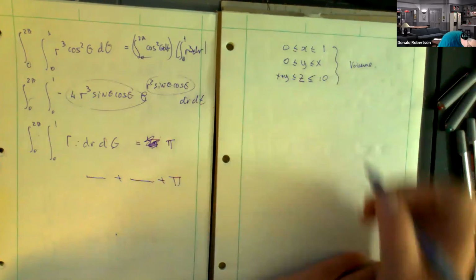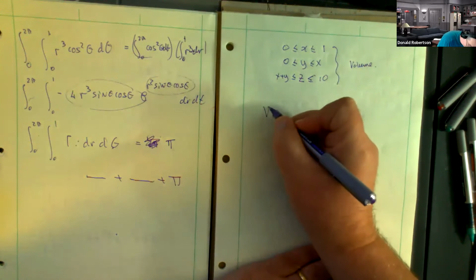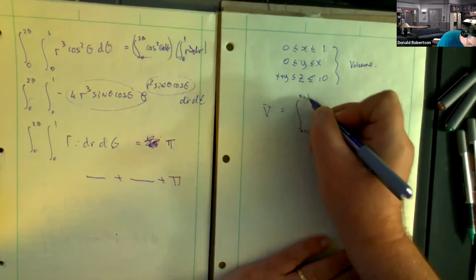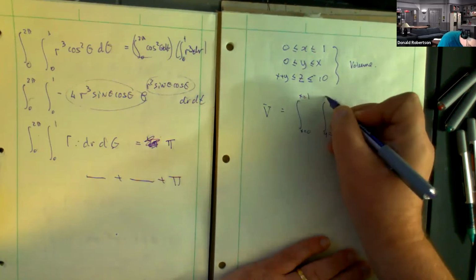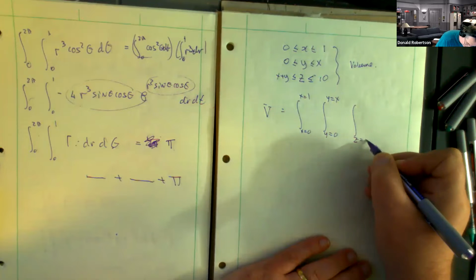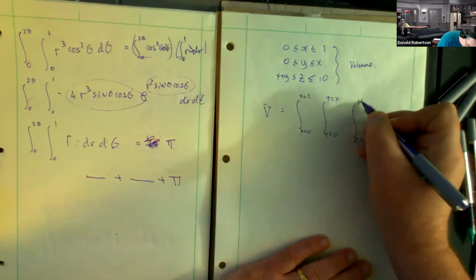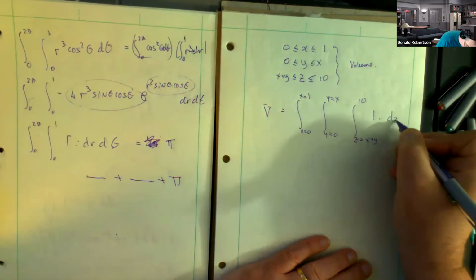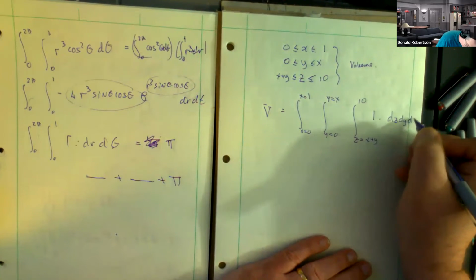Well, in this question, x goes from 0 to 1, y goes from 0 to x, and z goes from x plus y to 10, and you just do 1 of dz, dy, dx.